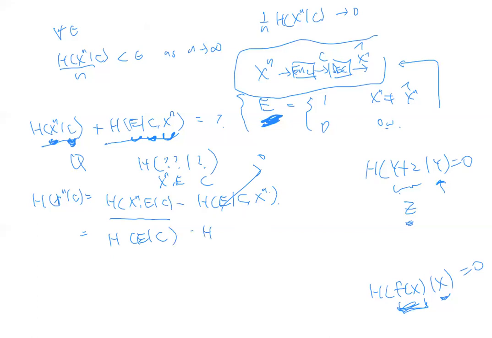H(E given C) and H(xn given E, C) here. So I just expand this another way, right?